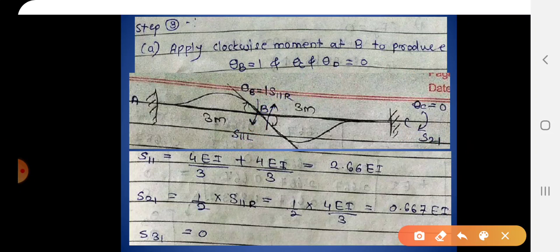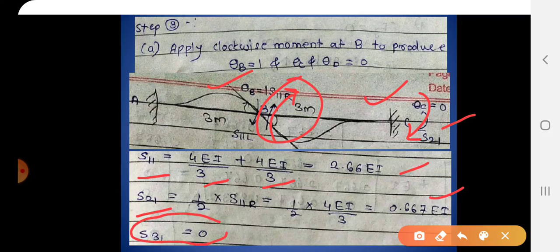So we will get the first value of S11, 4EI by L plus 4EI by L for both the spans. Then S21 will be half of S11R, which is carried over half of S11R. So this will be the value of S21.